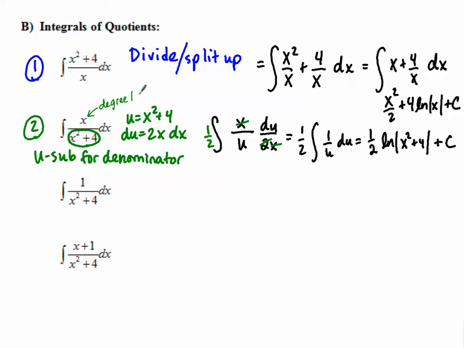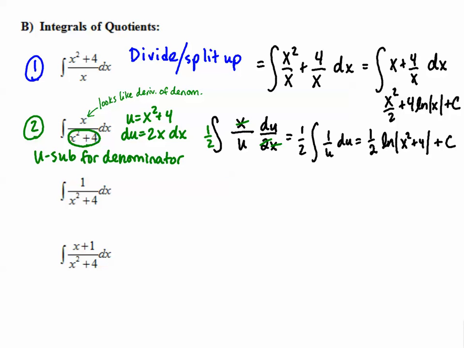Really what I say to myself is it looks like the derivative of the denominator. Not exactly it, because obviously the derivative of x squared plus 4 is 2x, and there's no 2, but it's really close. The constant multiple is obviously easy to take care of.